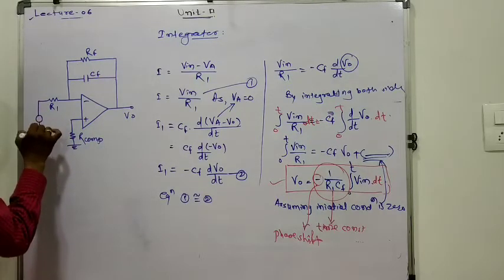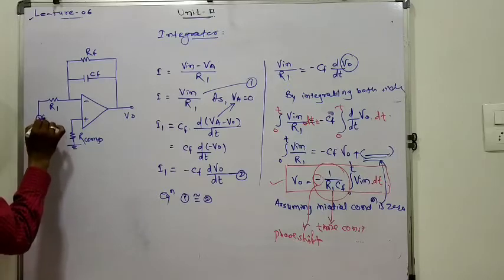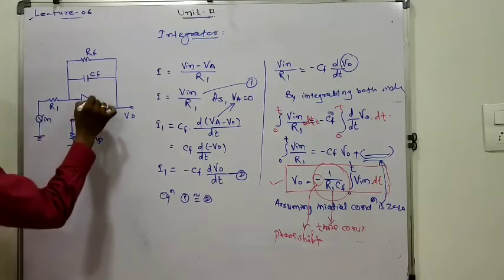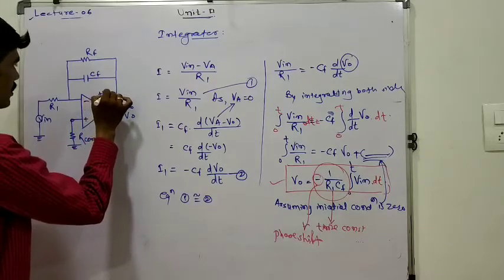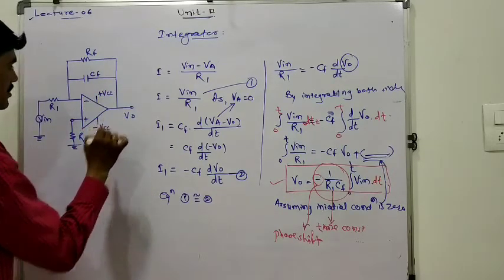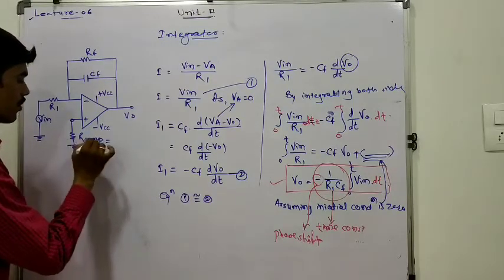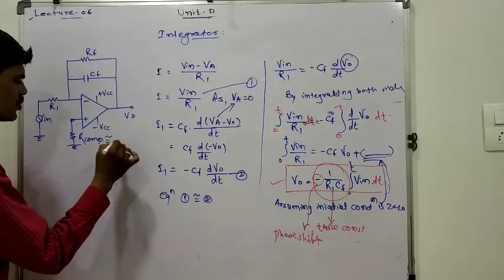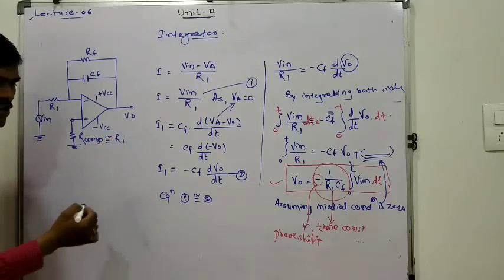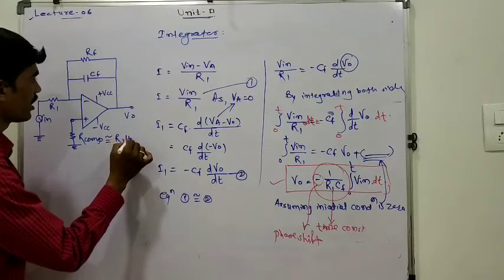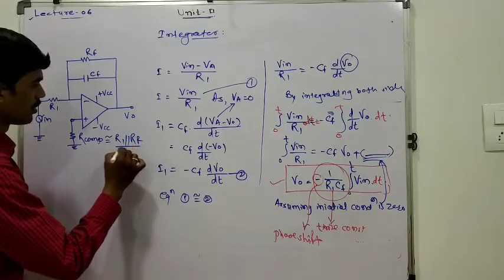Here we have to provide Vin, this R1, this plus VCC, this is minus VCC. So this compensating resistor, maybe we are assuming here, it will be equal to R1 parallel to RF.